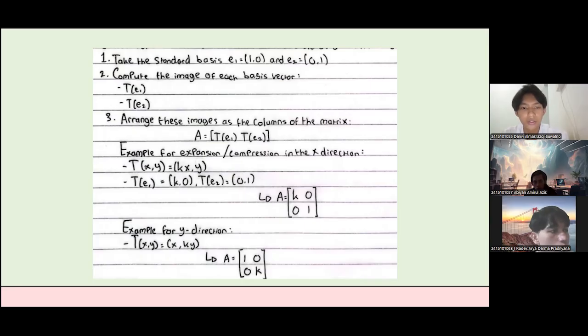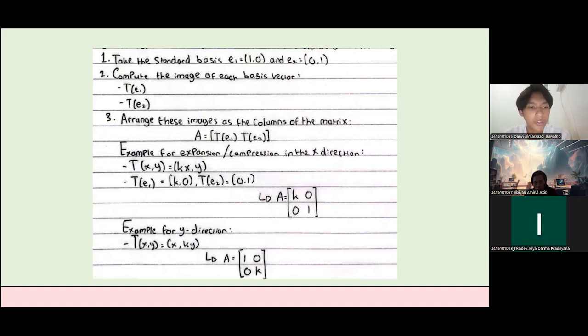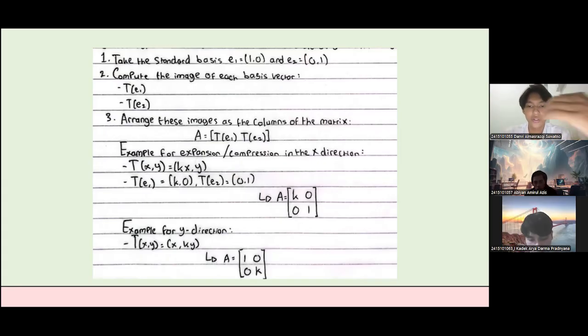As we can see in the slides, in the example of expansion or compression in the x direction, T(x, y) equals (kx, y). Since we know that T(e1) equals (k, 0) and T(e2) equals (0, 1), we make it a matrix. So the standard matrix will be k, 0, 0, 1 in matrix form.